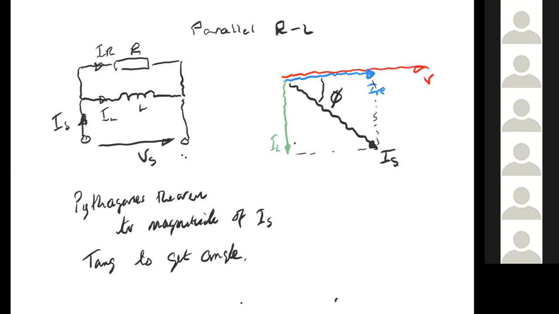But what I wanted to say is we can also calculate IR from V over R, and we can calculate IL from V over XL.